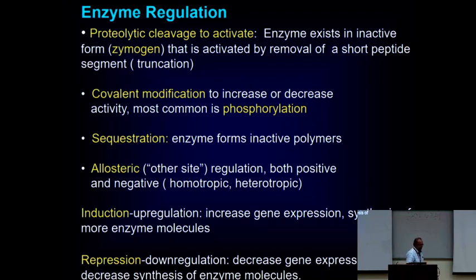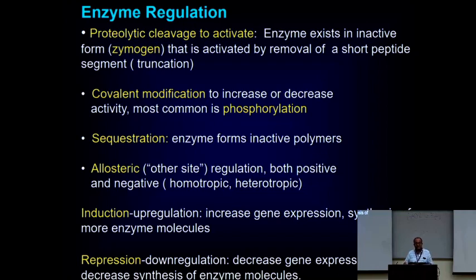The next kind of enzyme regulation is called covalent modification. And that's also extremely, extremely important. Half of the enzymes we cover are subject to covalent modification, so I want you to understand the term. The reason it's called covalent modification is that you are creating a new covalent bond to the enzyme.